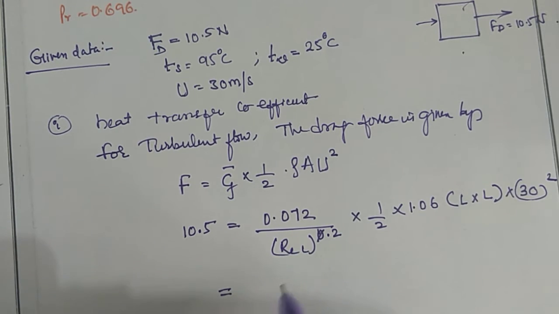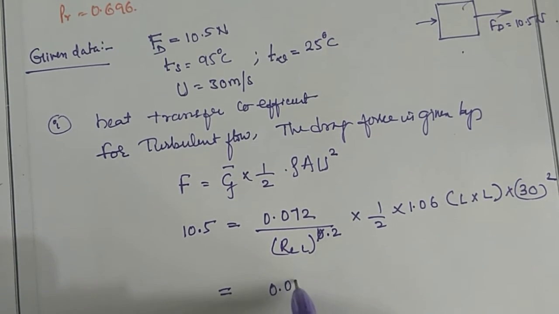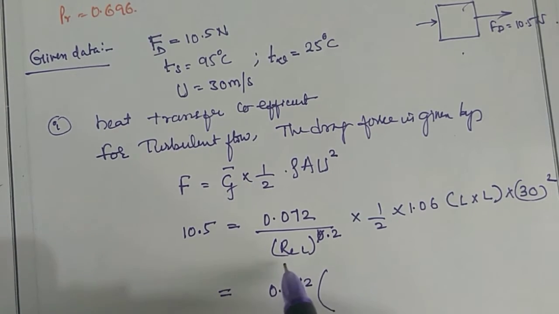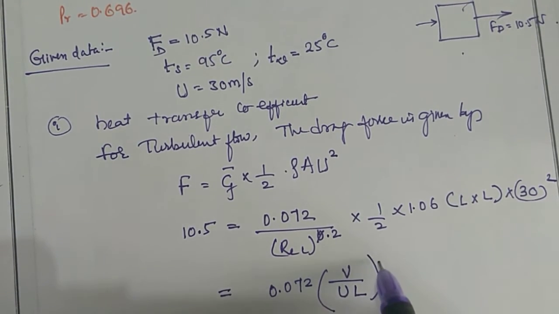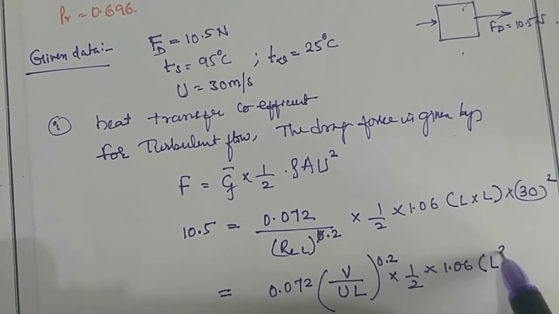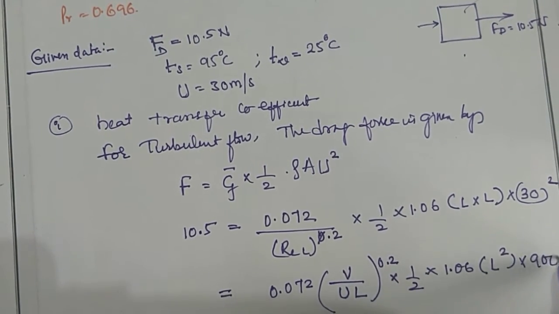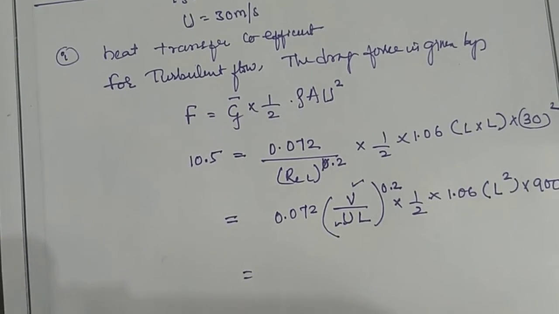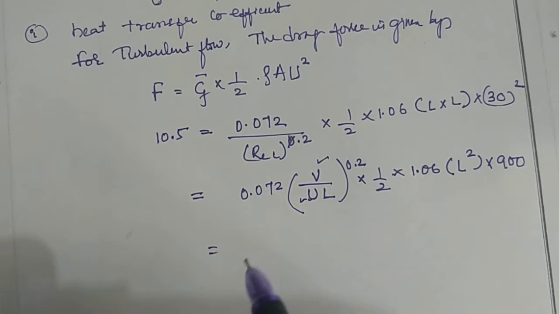Now you have to simplify this equation. The Reynolds number is nothing but U L by nu, whole to the power 0.2, into 1 by 2 into 1.06 L square into 900. Everything is known, but in terms of L only.